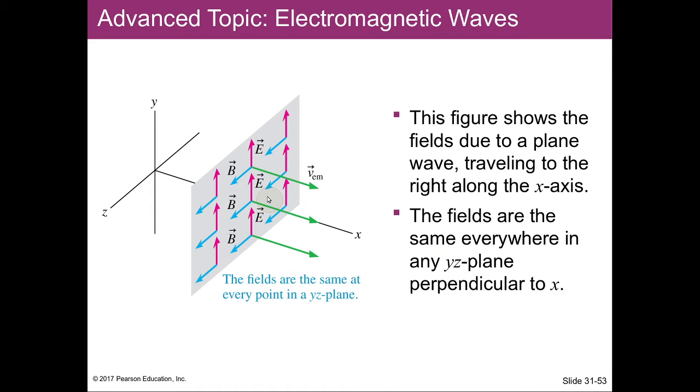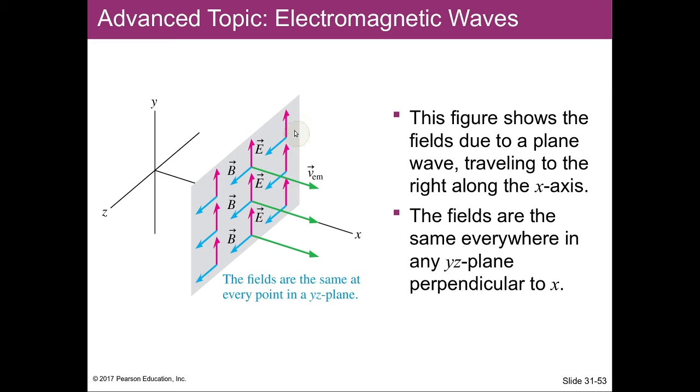And let's take the electric field direction to be vertical along the y-axis and the magnetic field horizontal along the z-axis, and we'll see why they need to be perpendicular to one another as we derive the wave equation.